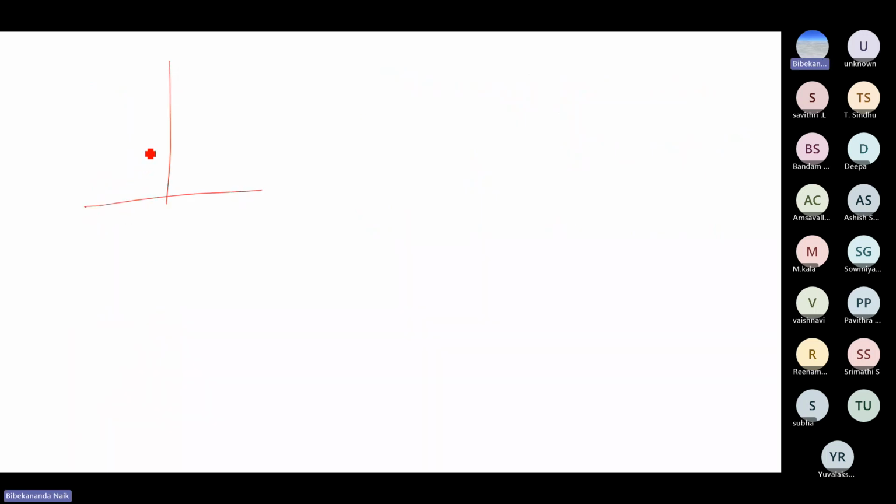So when you plot the graph of mod x plus 2, suppose this is the y-axis, this is 1, this is 2. It was y equal to mod x, so when you shift it up by 2, it will be y equal to mod x plus 2.